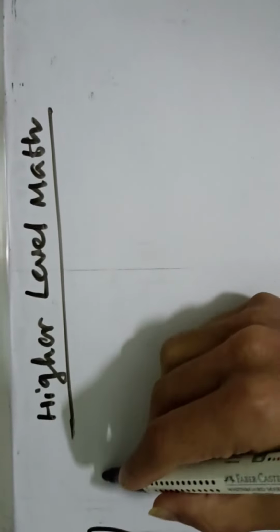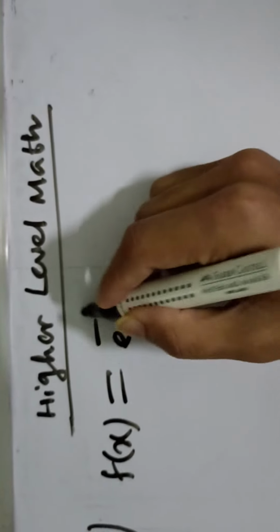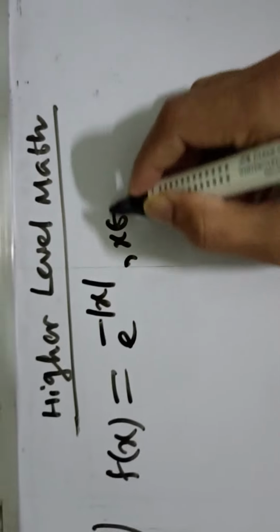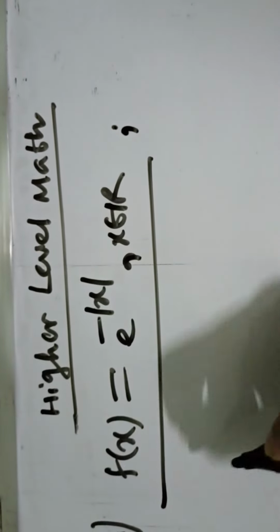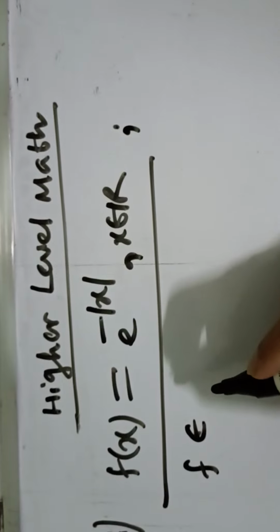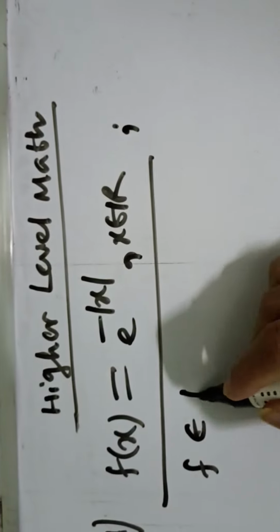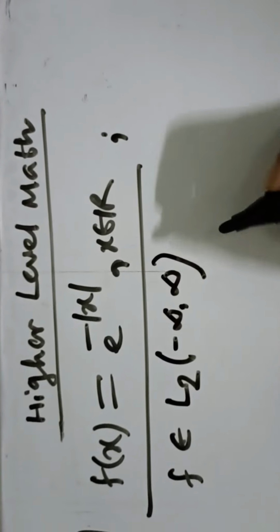Okay, so I am writing an example first. So we have a function f(x) equal to e to the power 2 mod x, belonging to R. The question is, for this function, can you say f belongs to L^2(-infinity, infinity)?